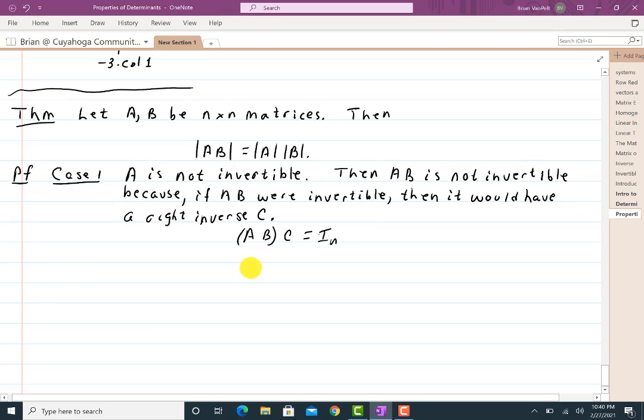However, we could reassociate here. This would imply that A has a right inverse. And if A had a right inverse, it would imply that A is invertible.